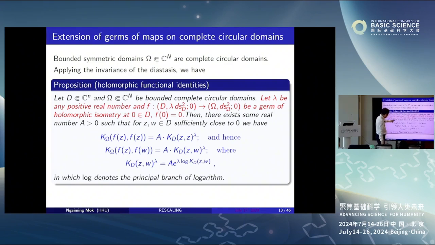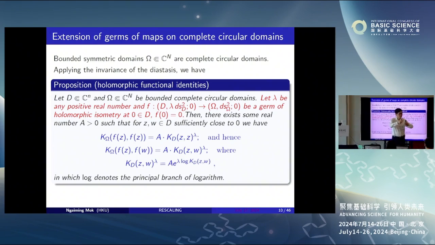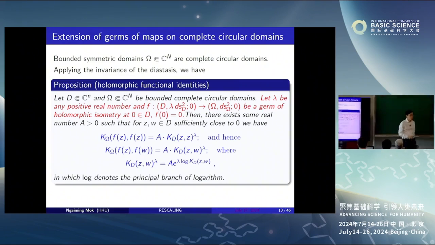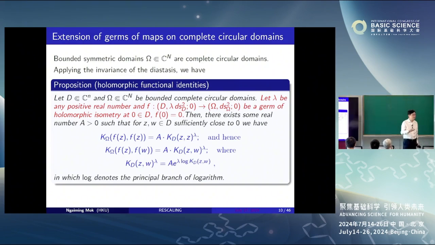So a priori, even if K is rational, this is not a rational equation, or not an algebraic equation, because lambda is real. However, when you're on a circular domain, you can extend a little beyond the boundary by shrinking one variable and extending the other variable. And therefore, this implies lambda is rational. The rationality says that this equation would be algebraic, provided that the two Bergman kernels are algebraic.